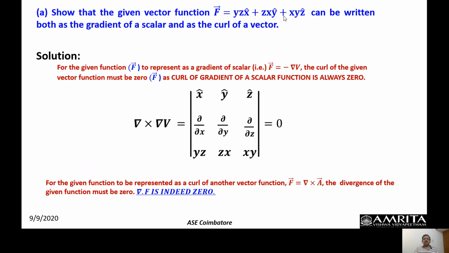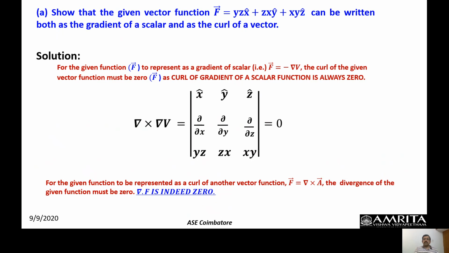So this function is, as I told you, one whose curl and divergence are 0, which means this vector function is not a unique representation of the potential function associated with it. I can actually compute the potential associated with these vector functions, and then I can prove that they are not unique solutions.